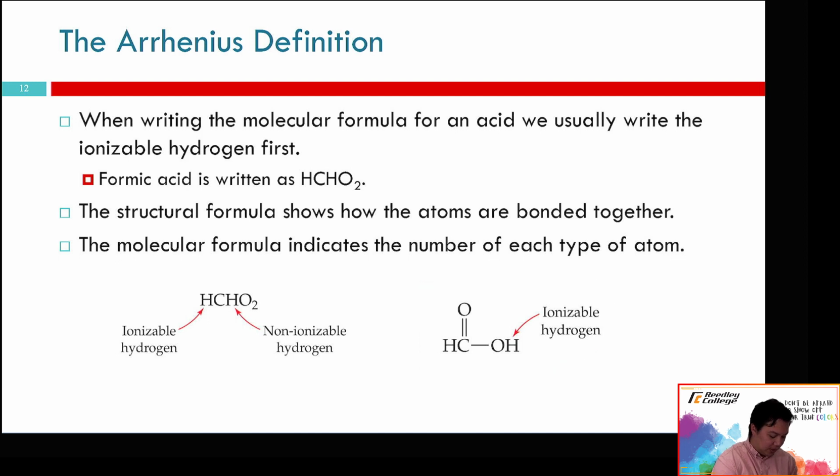And the molecular formula indicates the number of each type of atom. You can see that this ionizable hydrogen is attached to an oxygen, and this is called a carboxylic acid. Little OChem term for you.